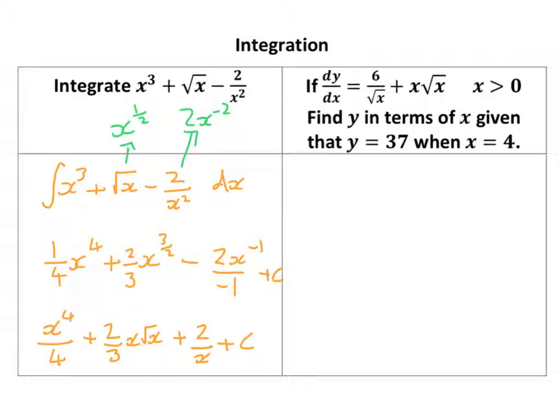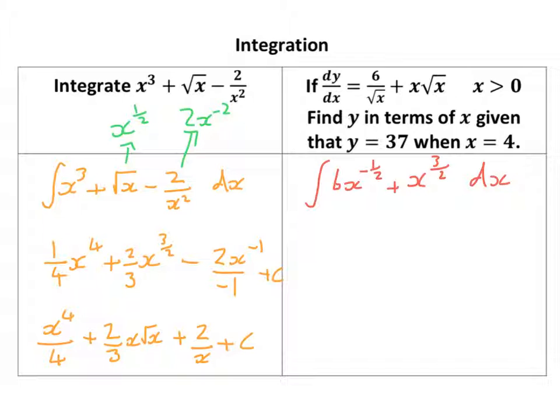Now, similar with this dy dx here, I'm going to be integrating this with respect to x, so I'm going to change it straight away to x to the minus a half, plus, now this x root x is x to the power 3 over 2, and then we're integrating with respect to x. Integrate, should be nice and easy.